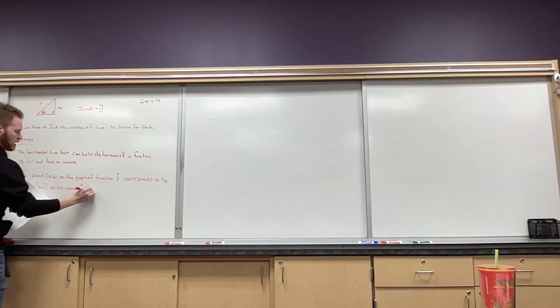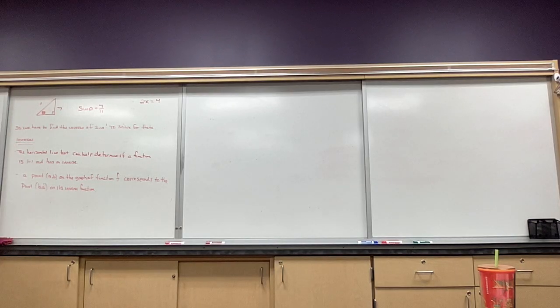So if you remember, inverses graphically, they just switch the ordered pairs. And then the last little detail for inverses, and then we'll go back to what it relates to sine.